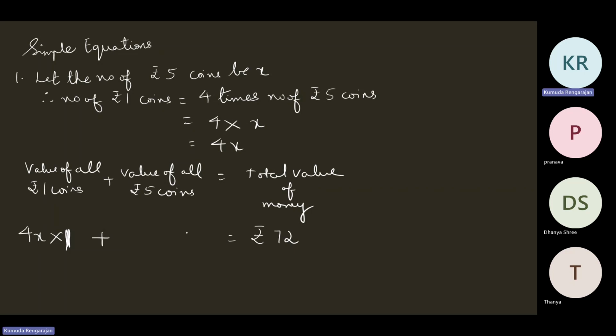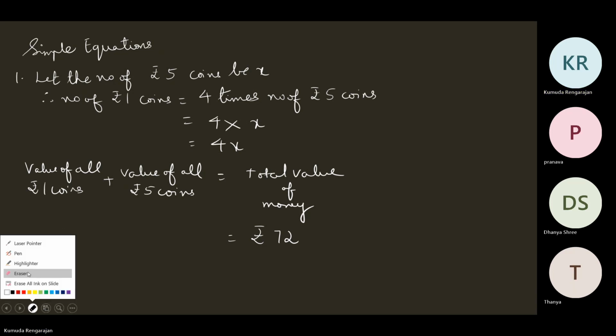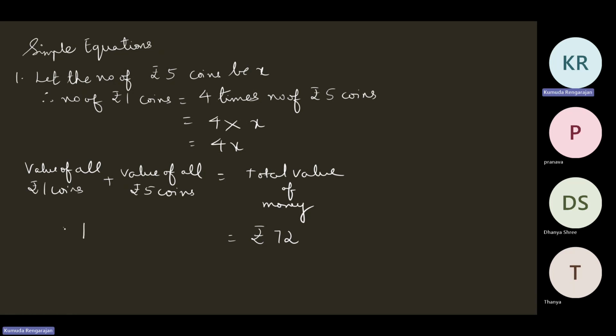1 rupee is the denomination into the number of coins, 4x. Plus, the denomination is 5 rupee coins. How many 5 rupee coins? x 5 rupee coins. I'll write this again. Denomination is 1, and how many 1 rupee coins? 4x. Plus, denomination is 5, and how many 5 rupee coins? x.